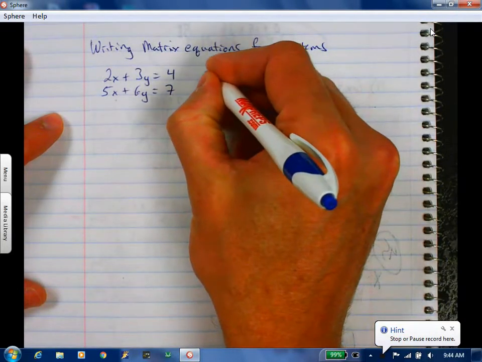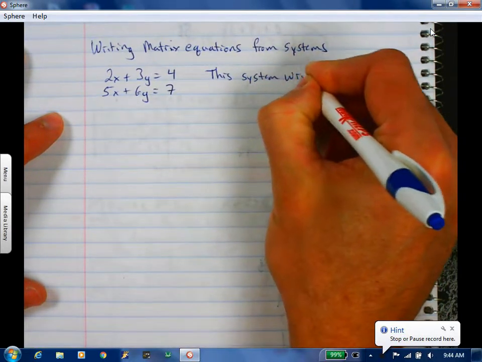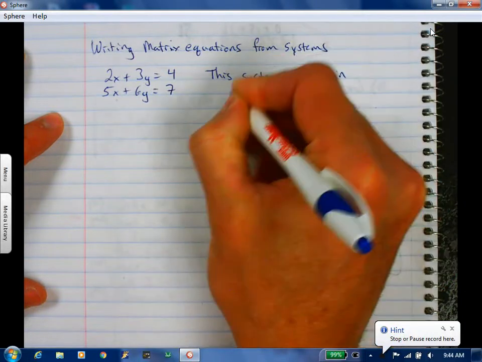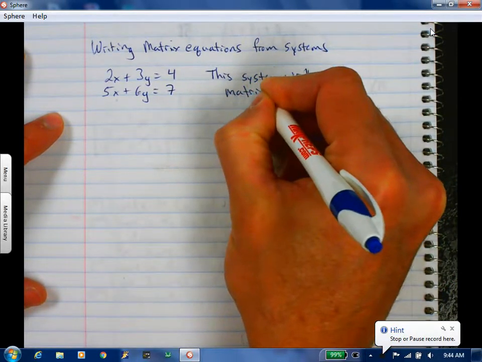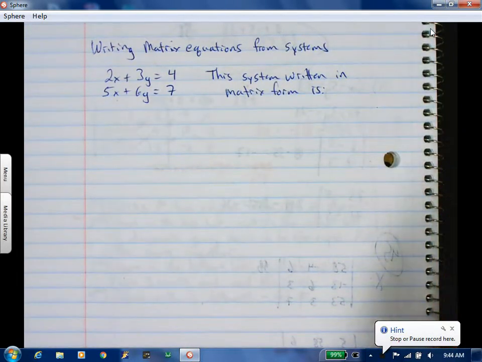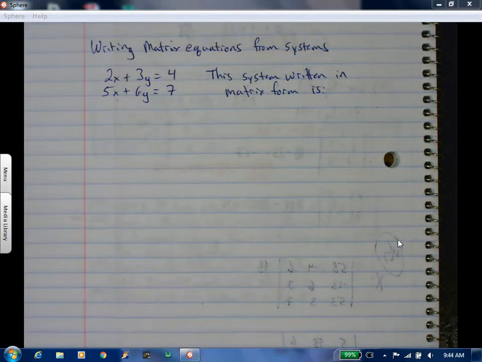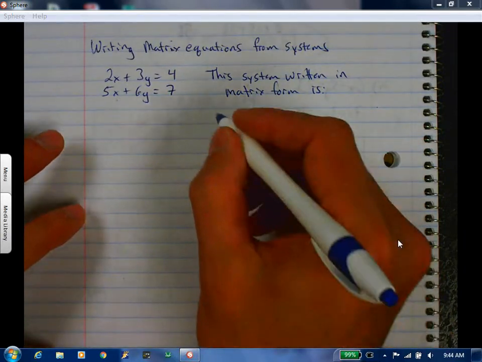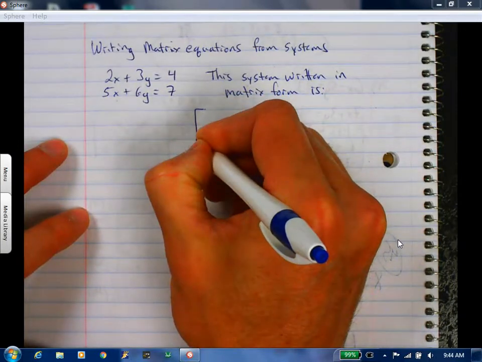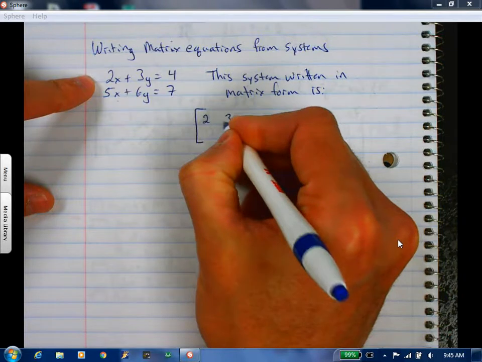So this system written in matrix form is, so we can write this system in matrix form, and we've already seen it a little bit. It's going to start with a coefficient matrix. So the coefficients are 2, 3, 5, and 6.